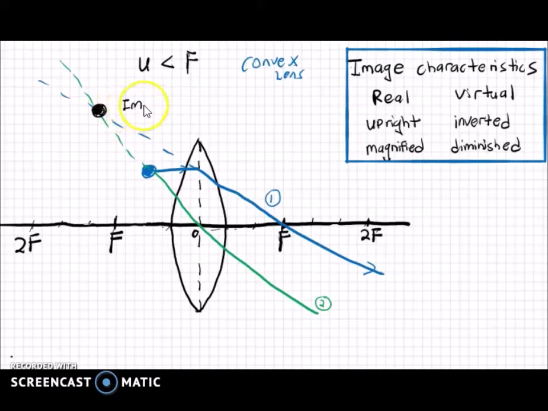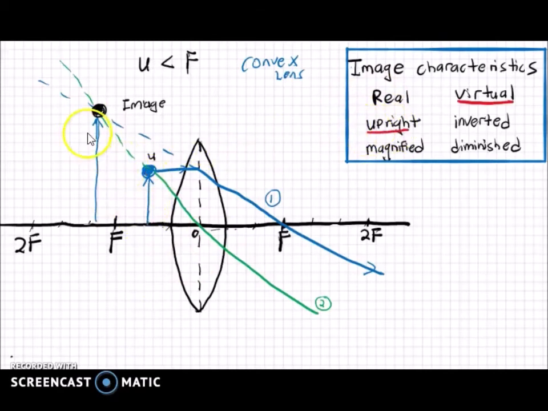The image falls on the same side as the object, which means the image characteristic here will be virtual. And the size and shape, you can see they are not inverted, so it should be upright.